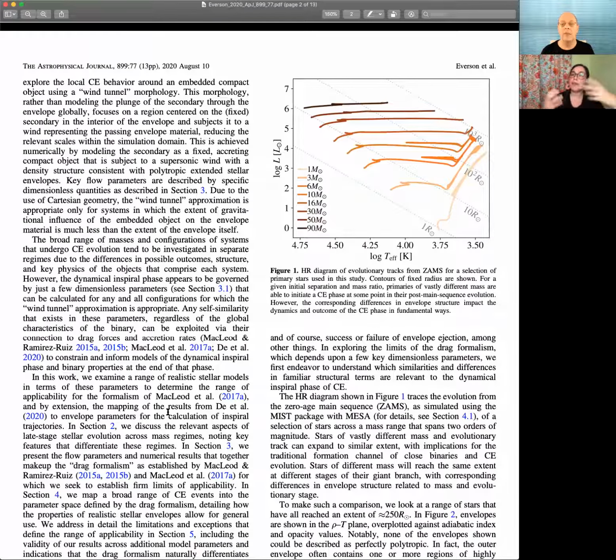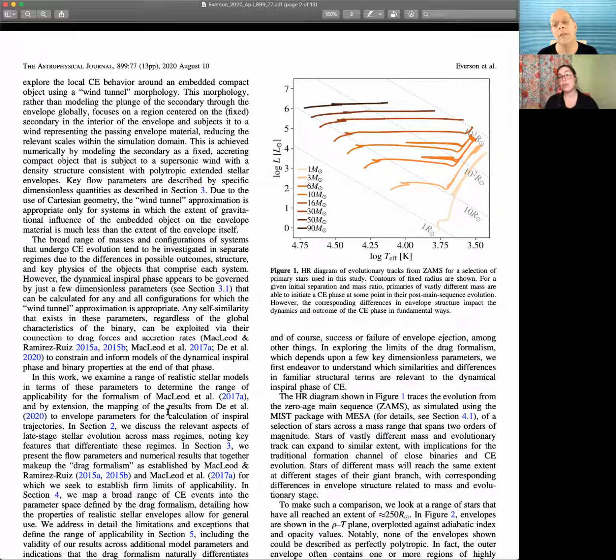But in common envelope, we tend to characterize a common envelope event by things like the mass ratio or the separation at onset. What I wanted to show here in figure 1 is that for many given mass ratios and separations, you can have very different structure in your envelope. So we're looking at stars in different mass regimes. The contours of fixed radius are there that you can see.